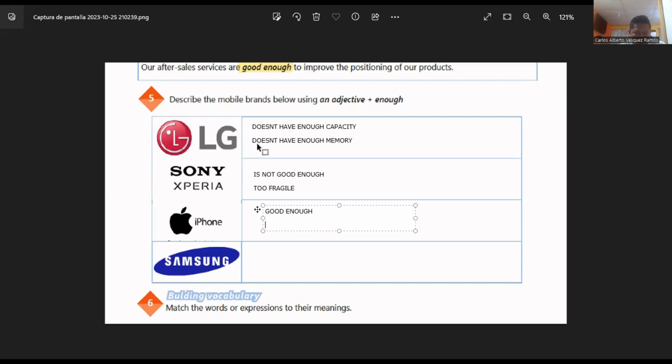It's good enough because the camera is very good. It's very good, the camera. But it's very complicated to use. And the camera is very good.